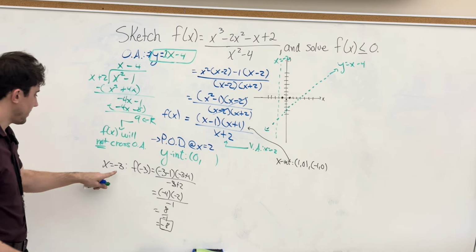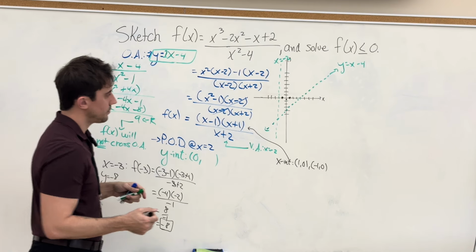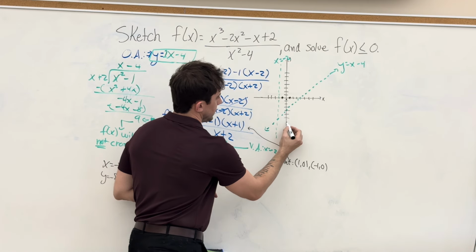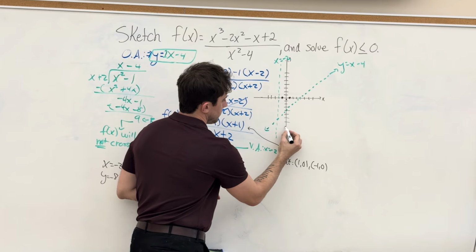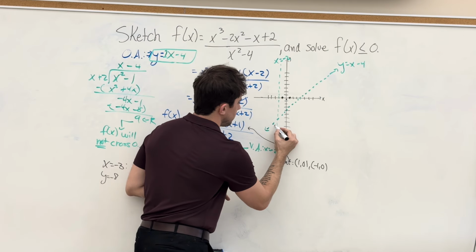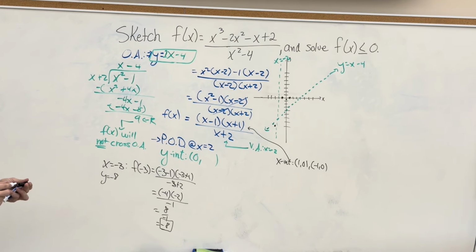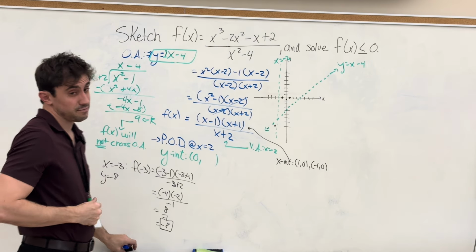Right? And so that means when x is -3, y is -8, meaning we get a point somewhere around here.